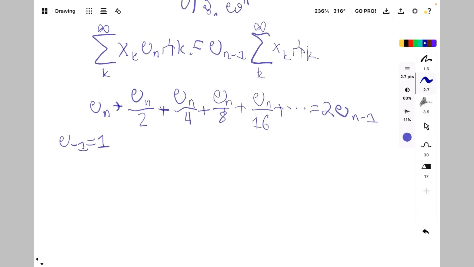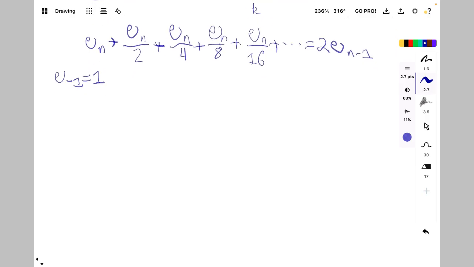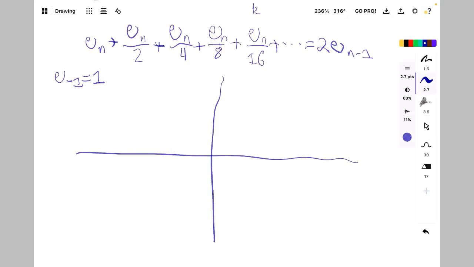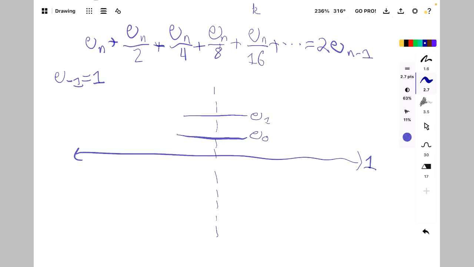So the idea for this is, let's draw a chart real quick. And actually, I don't think I want a full line there. We have the real axis there. And then that is the first, that's tell 0. Then tell 1. And then tell 2.